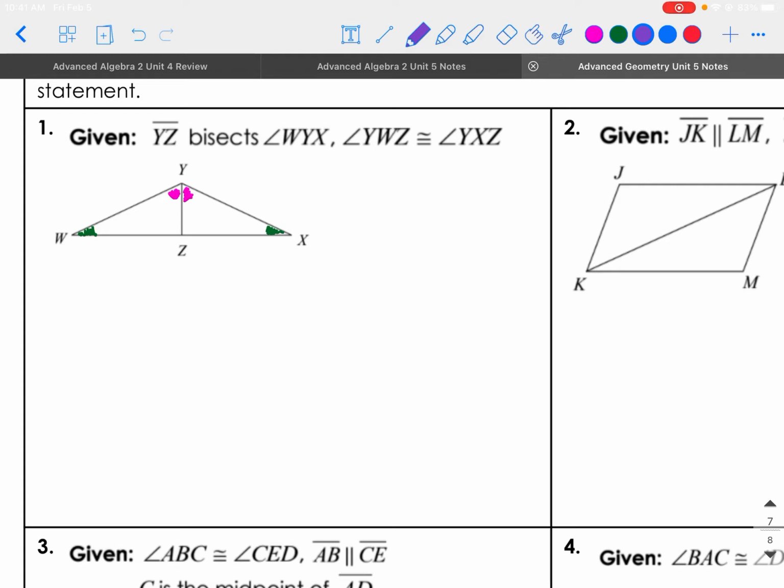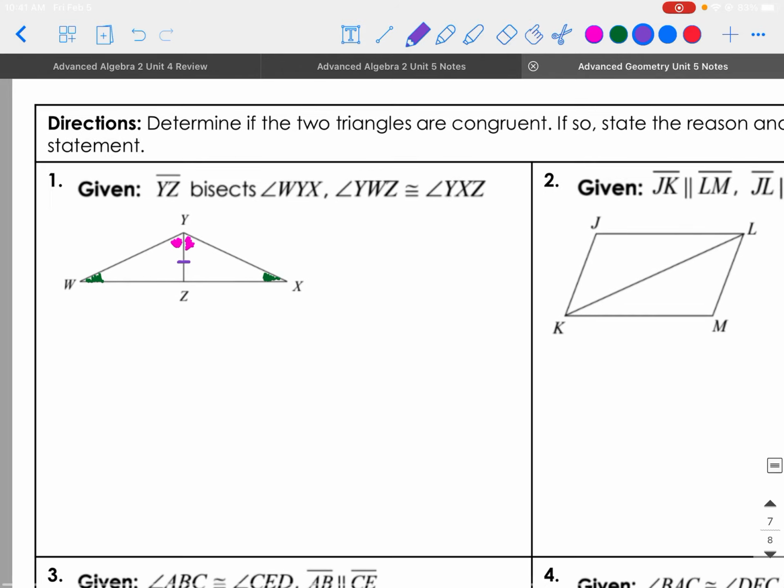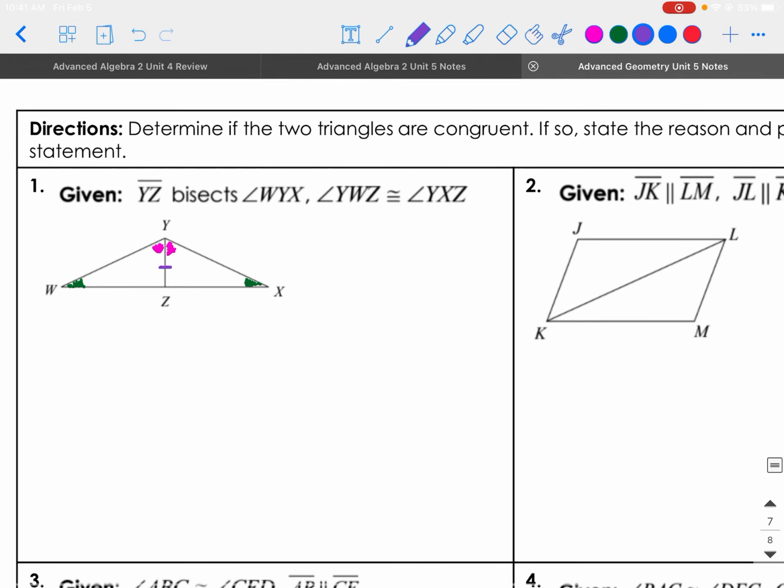Something else that you should note is that they share this side. Anytime you have triangles that share a side, we can mark that one as being congruent. So we have two angles, but the side that's marked is not included. That one would be AAS.